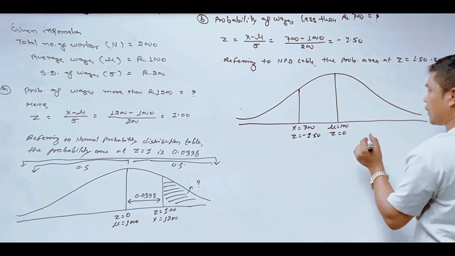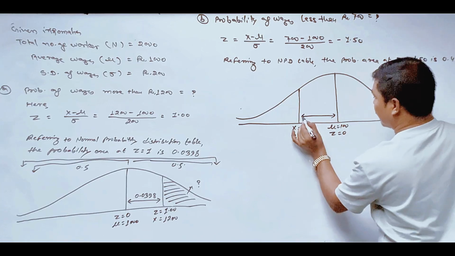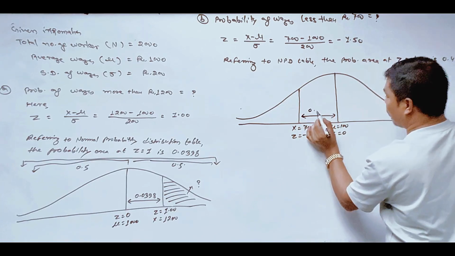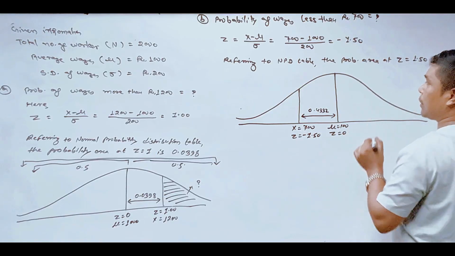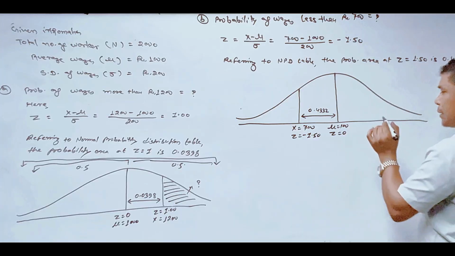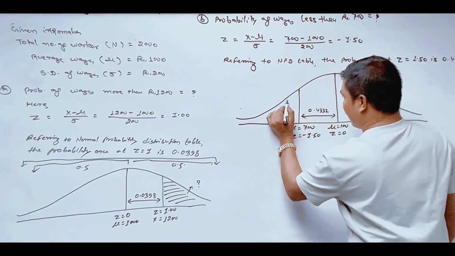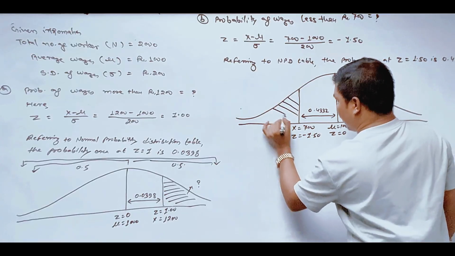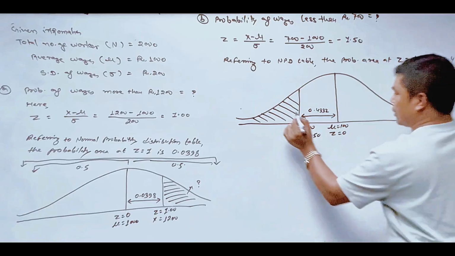The probability area from the central line up to Z equals minus 1.5 is 0.4332. Once again we focus on the question, which is what is the probability of wages less than rupees 700? The less than 700 part of the normal curve is shaded, far left side of the curve, which is denoted by x equals 700.